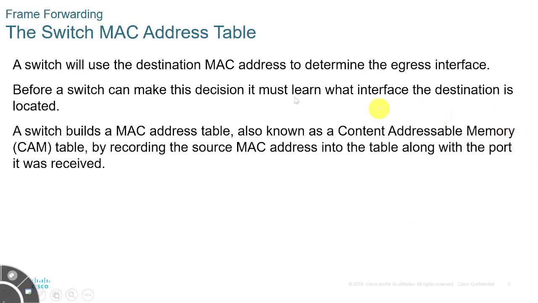Using this MAC address, the switch will find the exiting interface, or egress interface, based on the destination MAC address. Before taking the decision where to send this frame and to which interface, it should learn the port number of this interface.